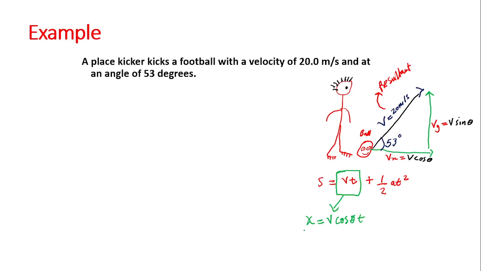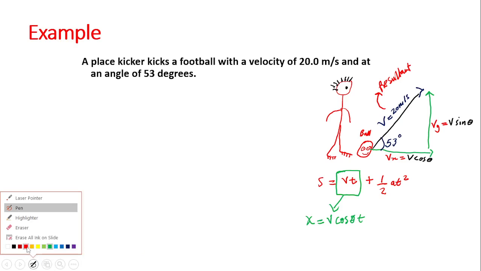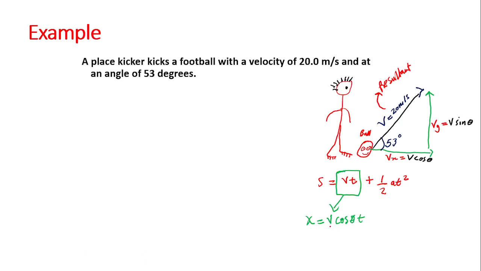Have you seen how the formula has changed? It has changed because it is an angle. Because this part here is representing Vx. That's how it has changed.